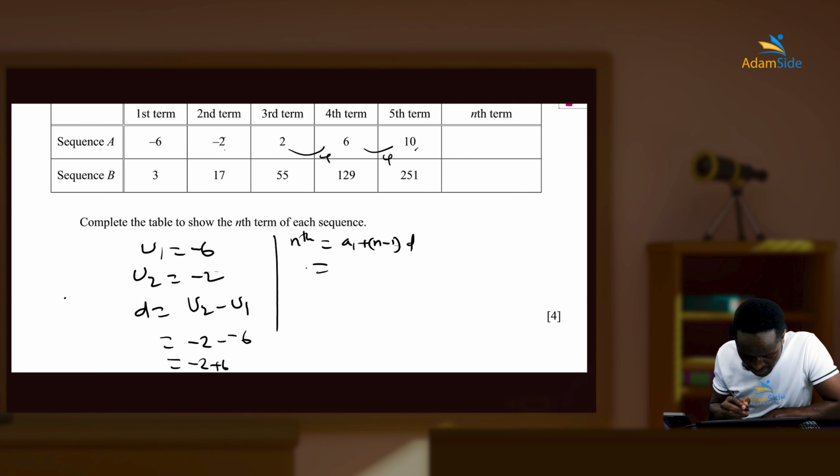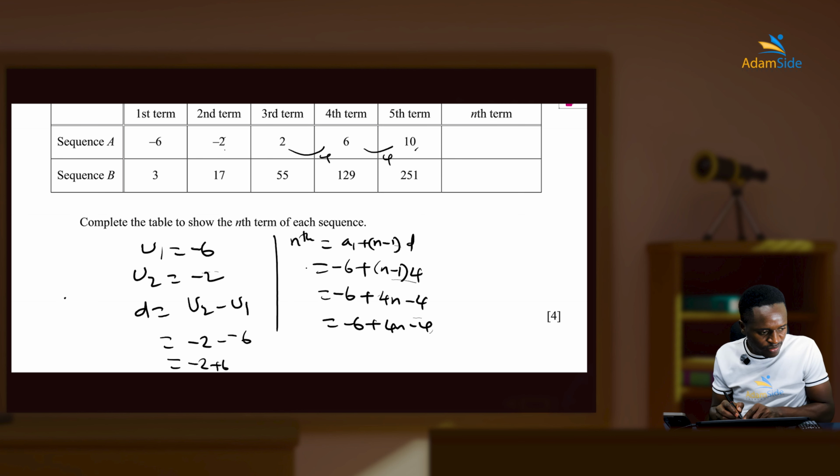Our a1 is negative 6, the number of terms n we don't know, and the common difference is 4. So you get negative 6 plus 4 times n minus 1, which is negative 6 plus 4n minus 4.